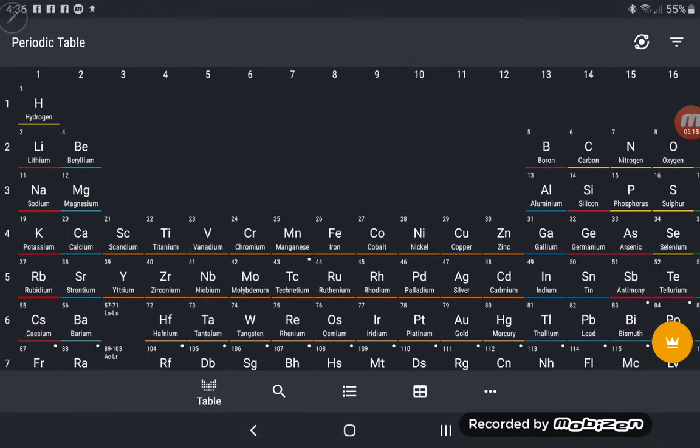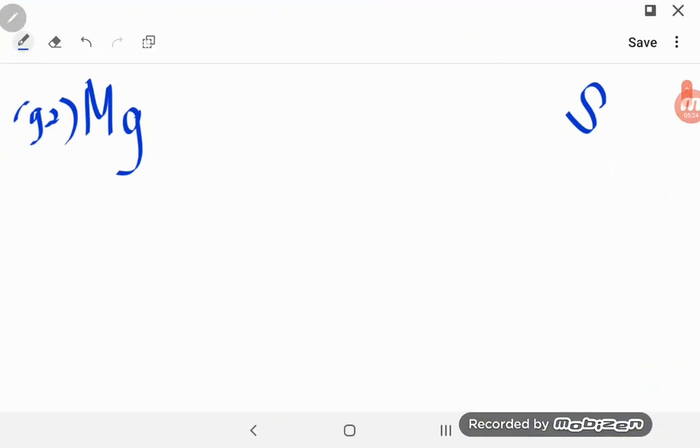Magnesium is a group 2 element, while sulfur is 1, 2, 3, 4, 5, 6, a group 6 element.